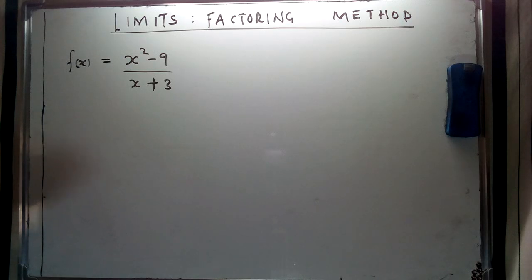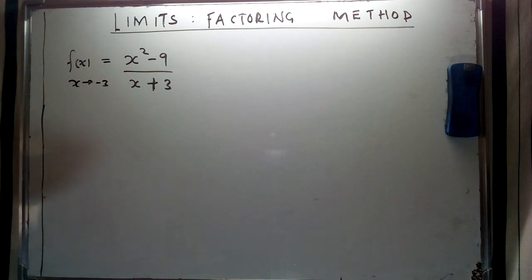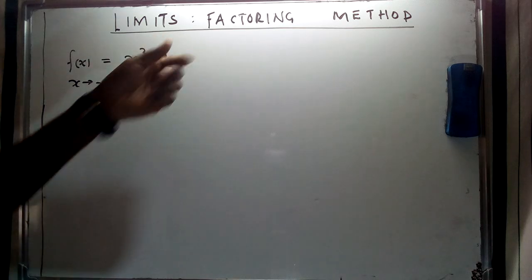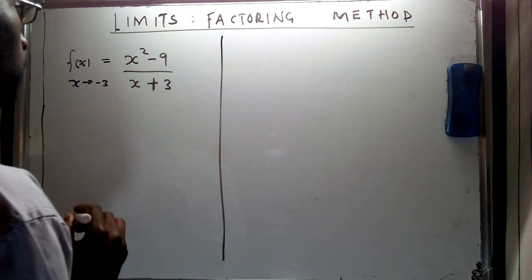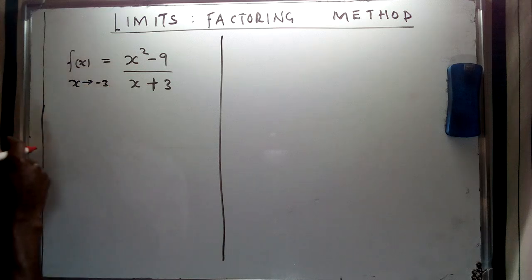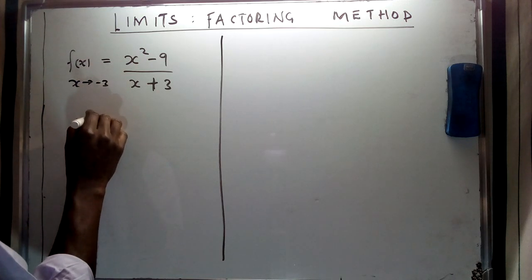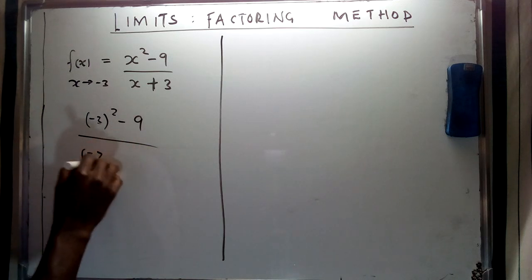This is going to be done for a limit as x approaches -3, an example that is going to assist us in trying to find the limit of that function using a factoring method. If we look at the previous method that we have done, substitution, we can find the limit of this specific function as x approaches -3 by doing the substitution, whereby we're going to have the square of -3 minus 9 over -3 plus 3.